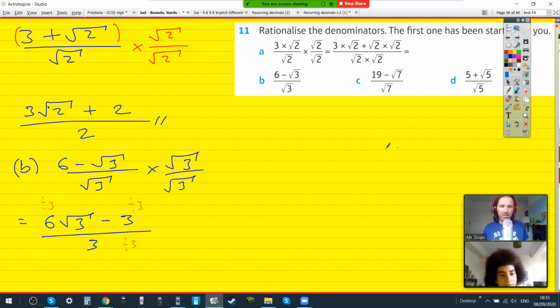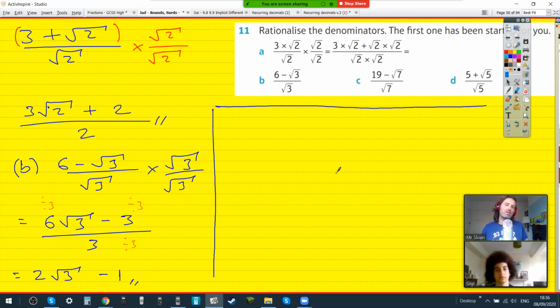Alright, so it would be 2 root 3 minus 1, all over 1, which is the same as that. Very good. So you're good for that bit. Let's try D.